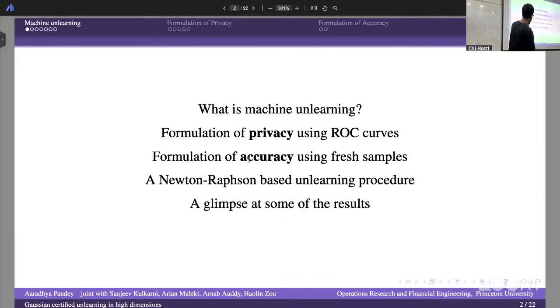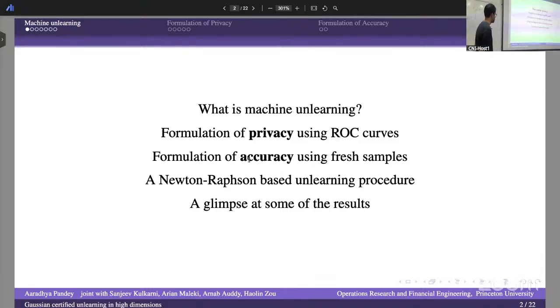So these are the 5 things that I essentially want to convey. At least I want to clarify what I really mean by machine unlearning. That's the first thing. And there are essentially 2 things that we desire from a machine unlearning algorithm. One is what we'll call privacy or certifiability, and the other is what we'll call accuracy or generalization capabilities.